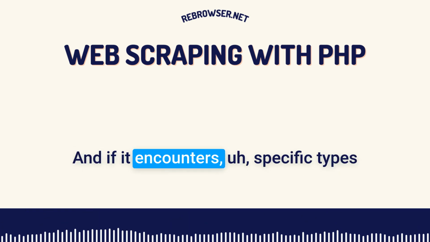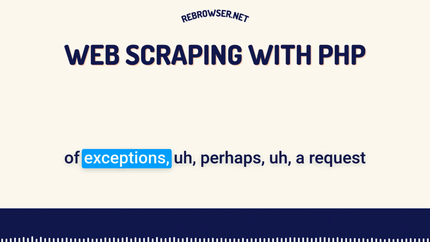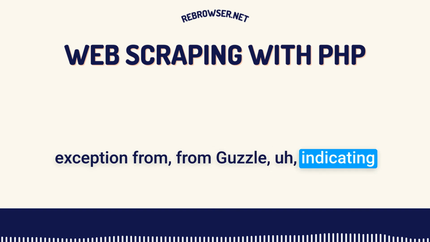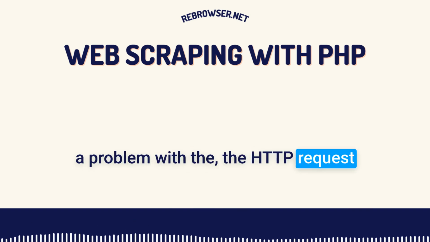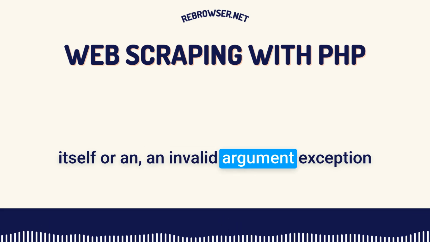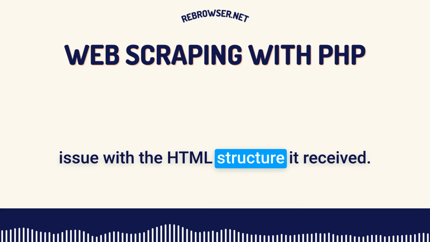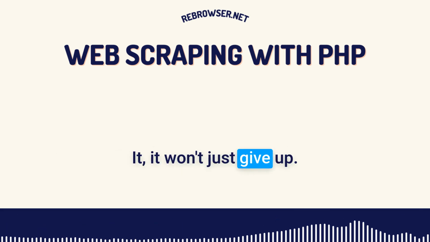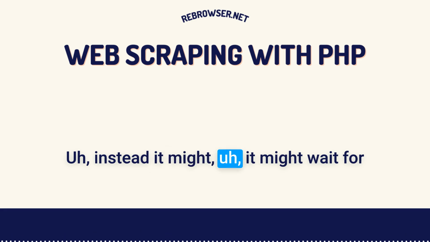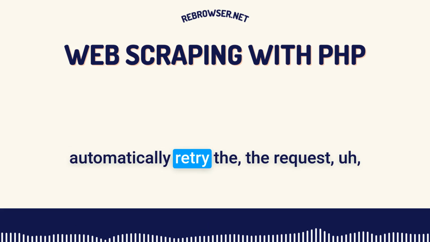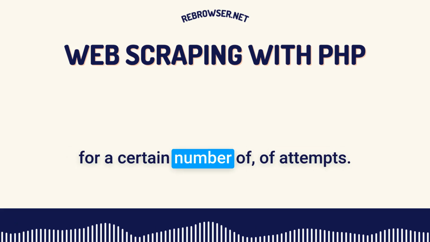And if it encounters specific types of exceptions, perhaps a request exception from Guzzle, indicating a problem with the HTTP request itself, or an invalid argument exception from DOM crawler, suggesting an issue with the HTML structure it received, it won't just give up. Instead, it might wait for a short increasing period and then automatically retry the request up to a certain number of attempts.